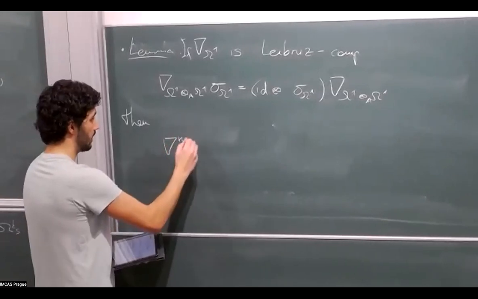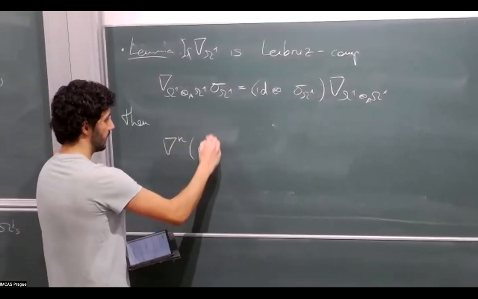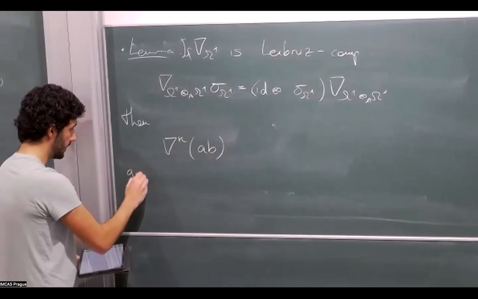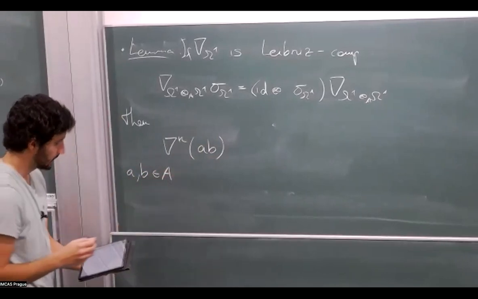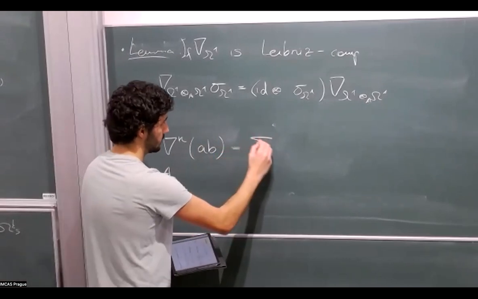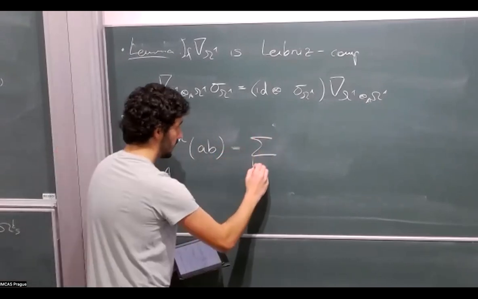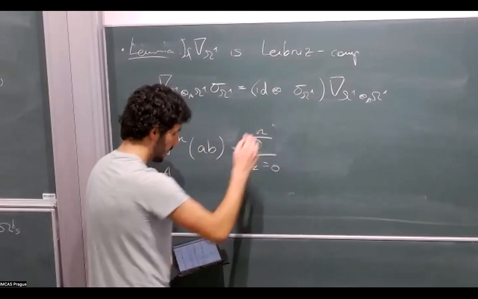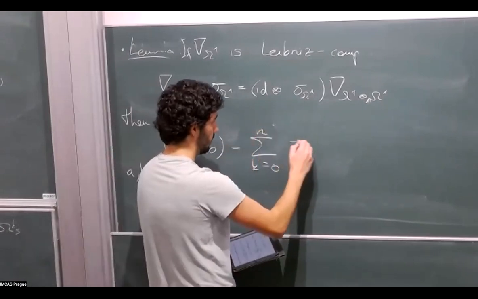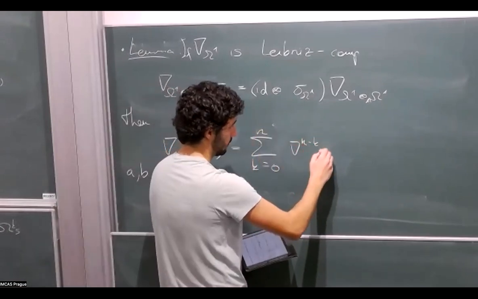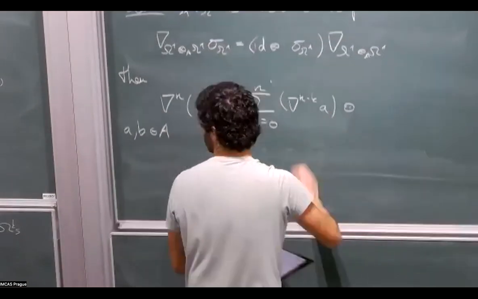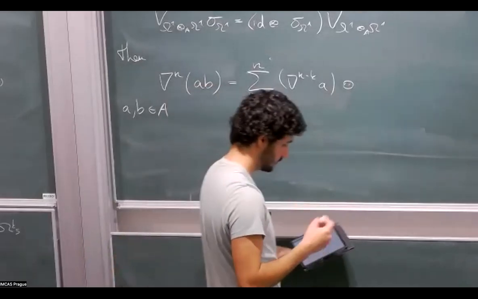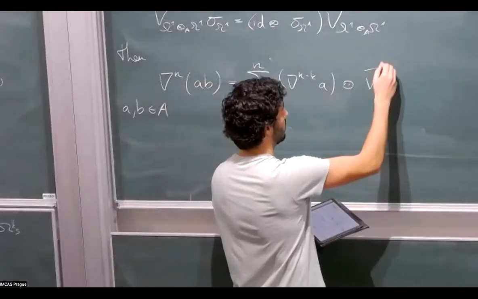So if we take the nth derivative of A times B, for A in the algebra itself, this can be decomposed as a sum from k equals 0 to n of the (n minus k)th order derivative of A, and then this product for the symmetric algebra, times this nabla^k B.